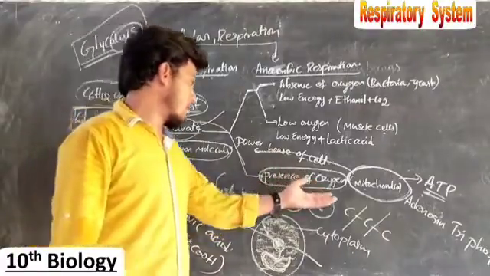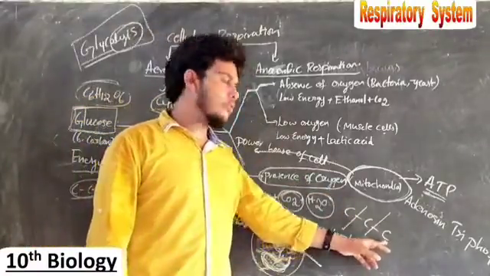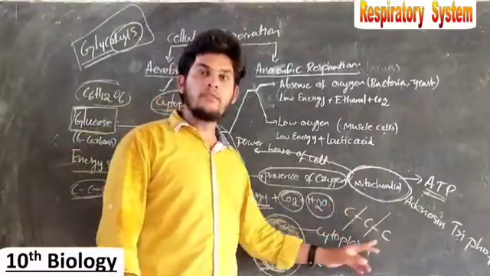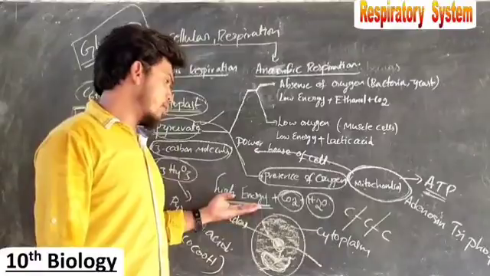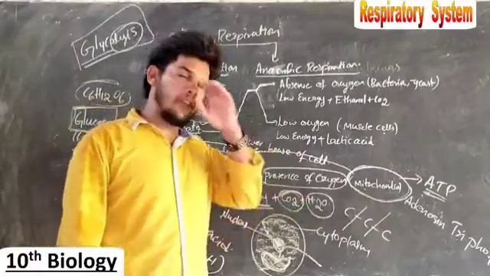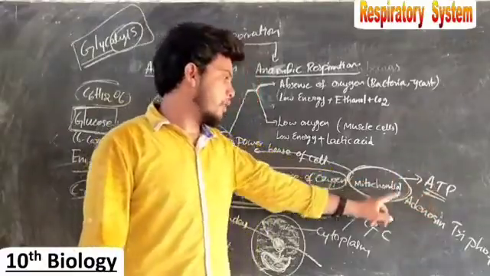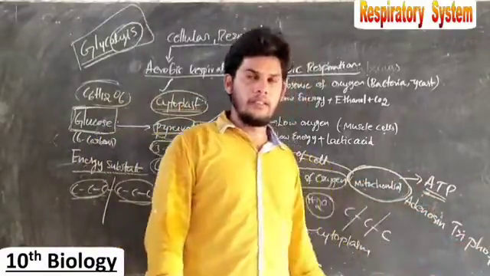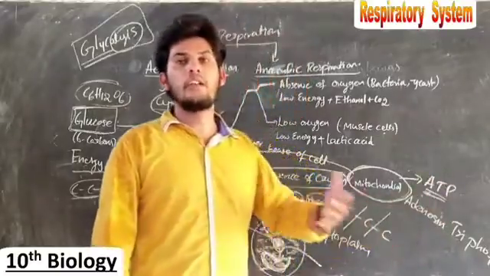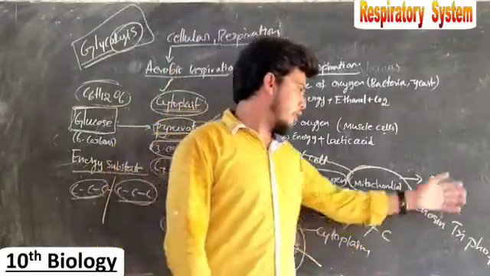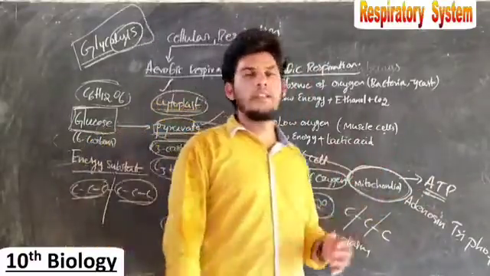In the presence of oxygen, the pyruvate breaks down to produce a high amount of energy, and along with the energy, carbon dioxide and water will form. That produced energy is stored in the form of ATP, adenosine triphosphate. This ATP breaks down and produces energy when we require. These ATPs are stored in the mitochondria, so energy is stored in the mitochondria.